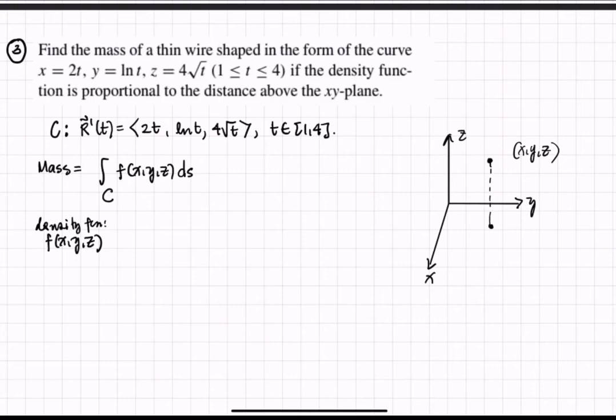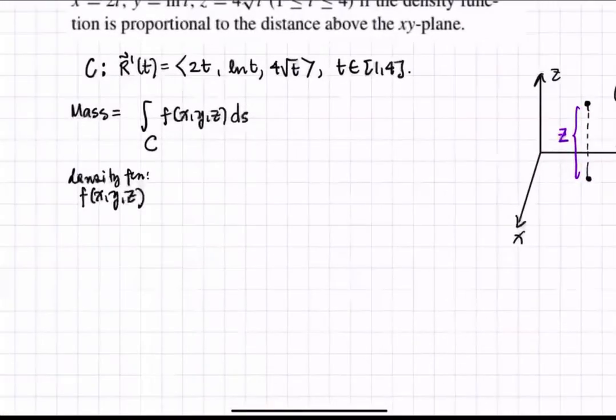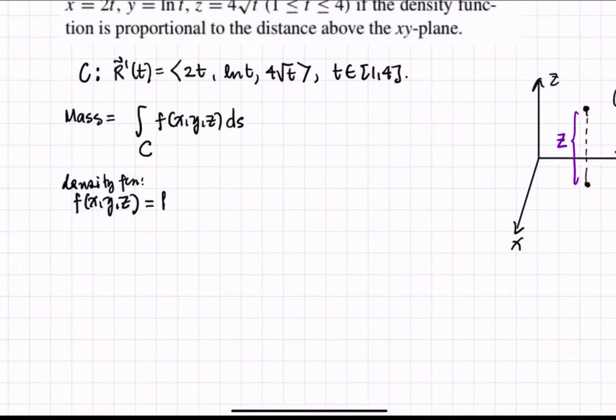So, yung density mo is a constant times this length, which is z. Okay? So, density function is equal to a constant times yung distance sa xy plane, which is z.